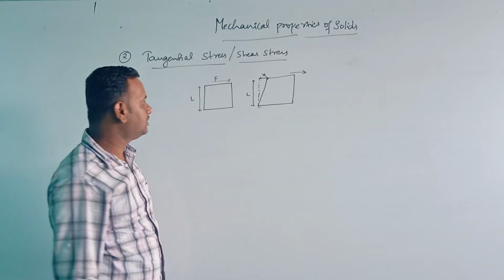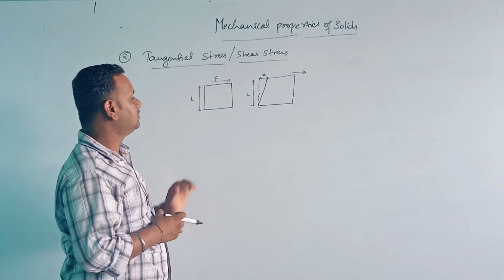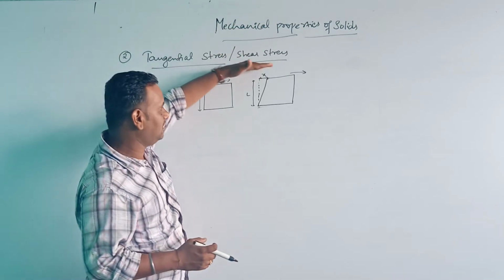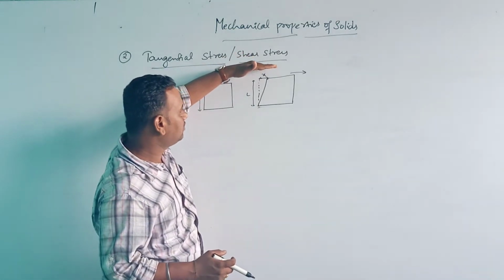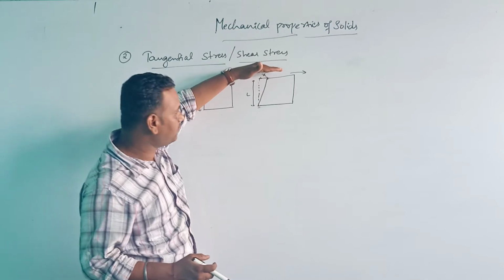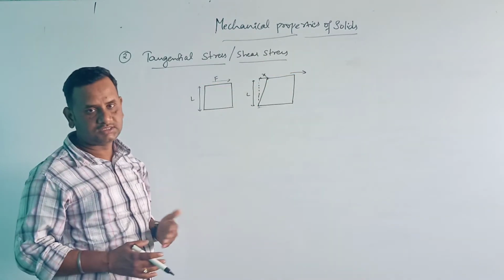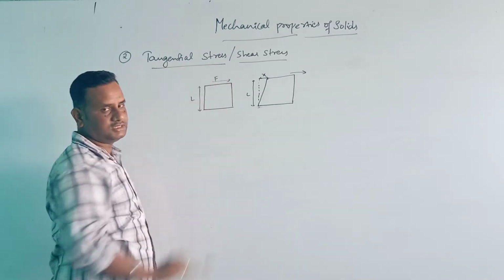Okay, now what is the stress here? The force acting tangentially on the surface of a body to the area of the surface of the body is called tangential stress.